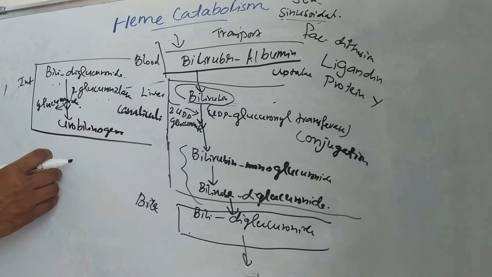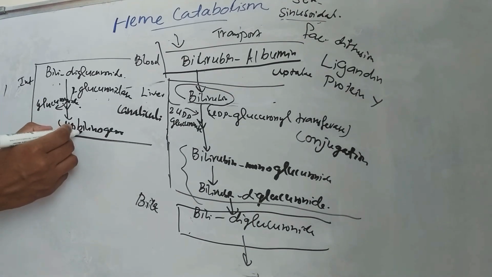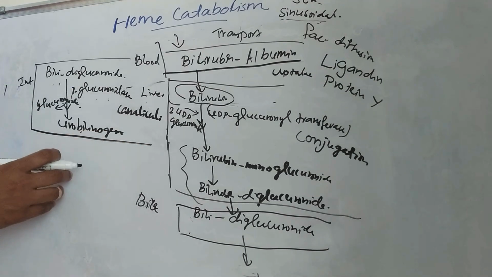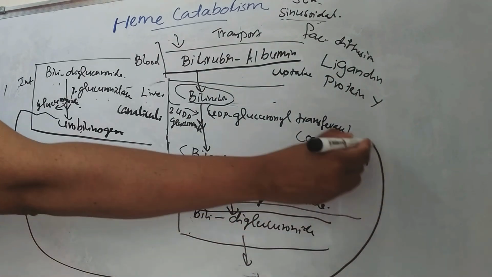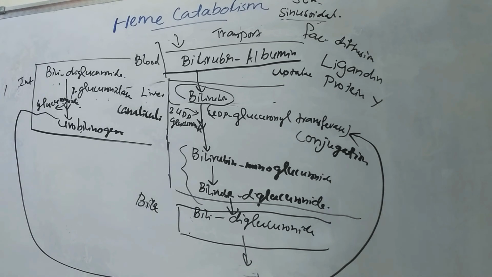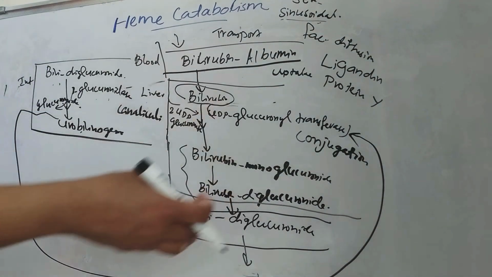Then in the intestine, a small portion of this urobilinogen can be returned to the liver, where it is reutilized and re-excreted.